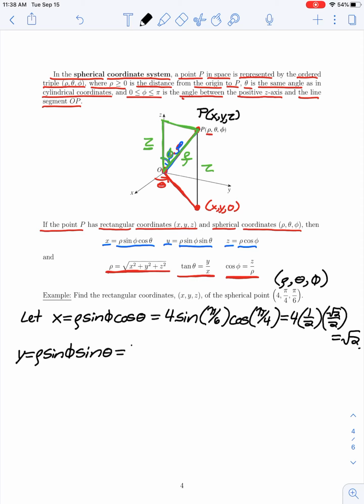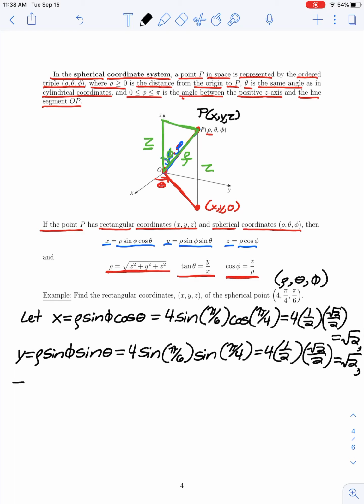So rho was given by 4. We have sine of phi, again that was pi over 6, and then times sine of theta, which was pi over 4. So we have a 4 times sine of pi over 6, which is again 1/2, times sine of pi over 4, which is root 2 over 2. So our y coordinate is also root 2.